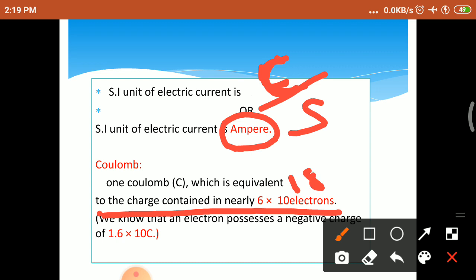If you take 1 coulomb of charge, how many electrons are present? 6 into 10 power 18 electrons are present. And we know that each electron possesses a charge of 1.6 into 10 power minus 19 coulomb.